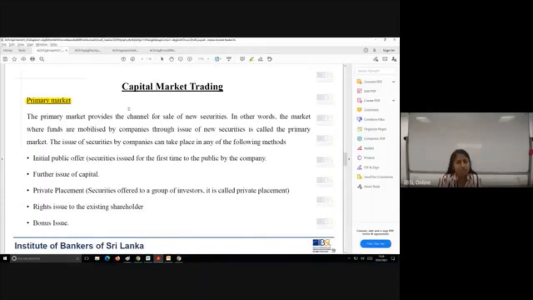Along with that, the issuing company has certain issues. One is, what if the amount that you put for sale to the public is not subscribed? What if I'm unable to collect the amount of money that I have in mind? Now, you come to the share issue hoping to collect 100 million.